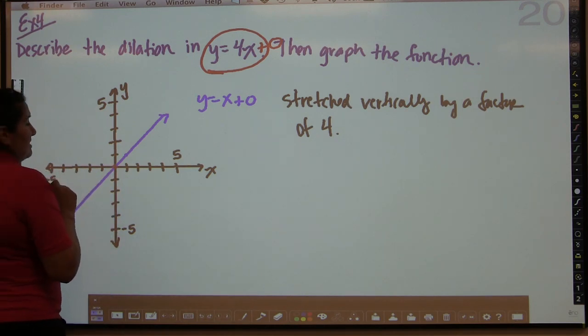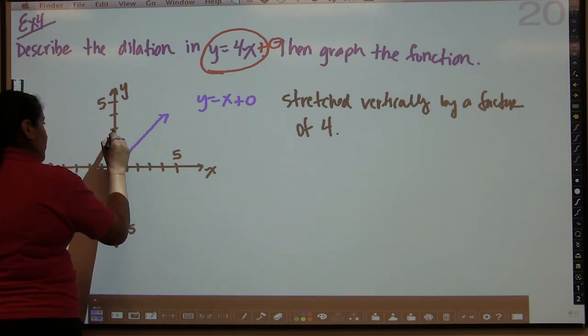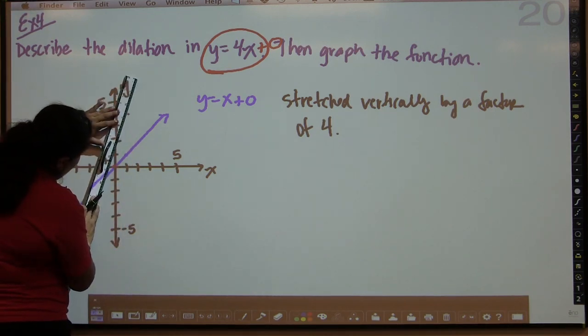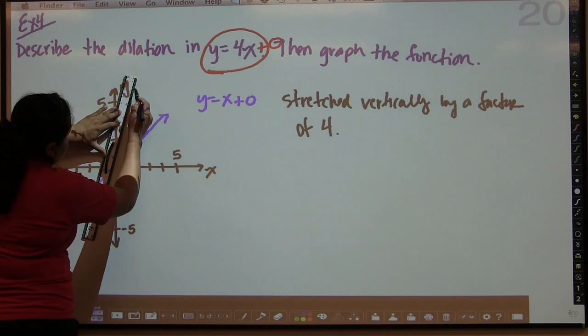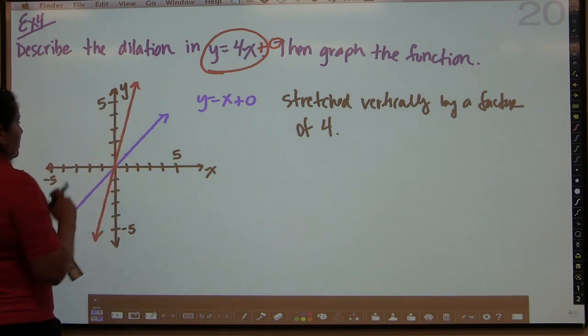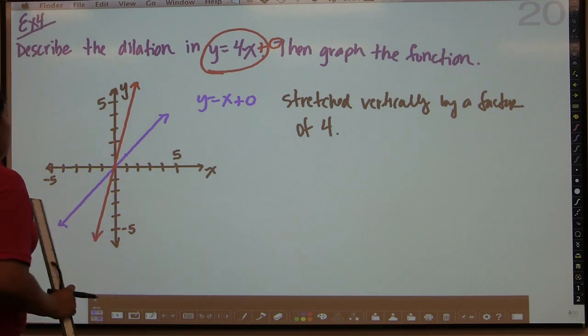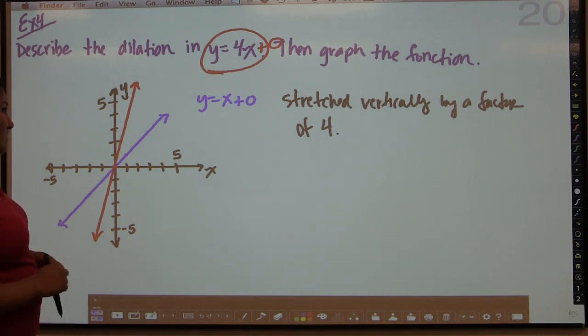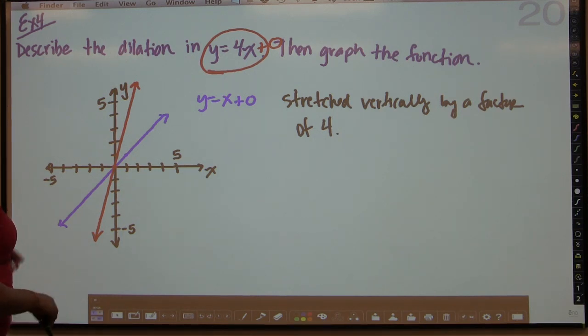And then the slope is now 4, so it'll be up 1, up 2, up 3, up 4, and over 1. And so that graph is going to look like this. And you can see how it got stretched and pulled tighter to the y-axis. But again, the description there is that it's stretched vertically by a factor of 4. And then we've graphed the function.